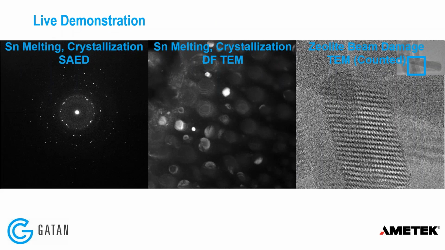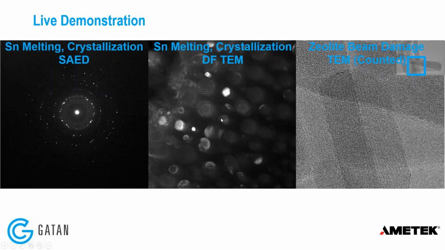Okay, so now I want to switch to the live demonstration. I have 3 different data sets that I'm going to show during this demo. The first is a tin nanoparticle sample that melts and crystallizes, and that's in selected area electron diffraction.